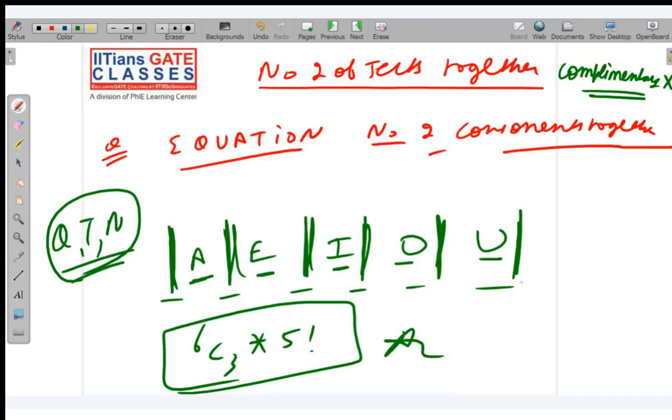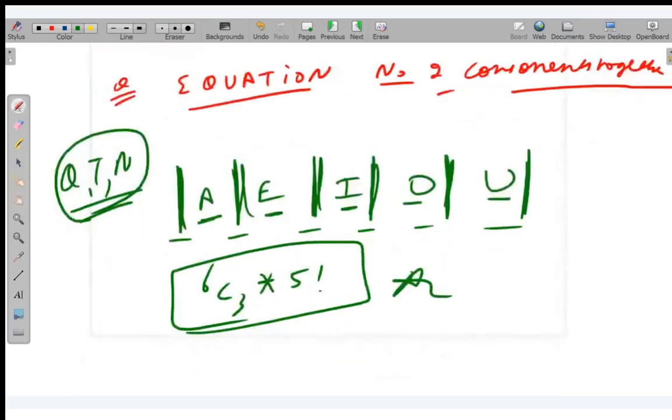So 6C3 into 5 factorial. Why have we done 6C3? 6C3 is done because I want to choose the places.